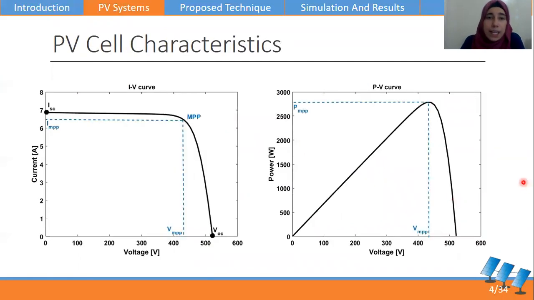The PV cell has two characteristics, the IV curve and the PV curve. In the IV curve, there are two important points, the short circuit current I_sc and the open circuit voltage V_oc. At both points, the power generated is zero. Noting that in the PV curve, there is a unique point, V_pv, I_pv, where the power generated is maximum.